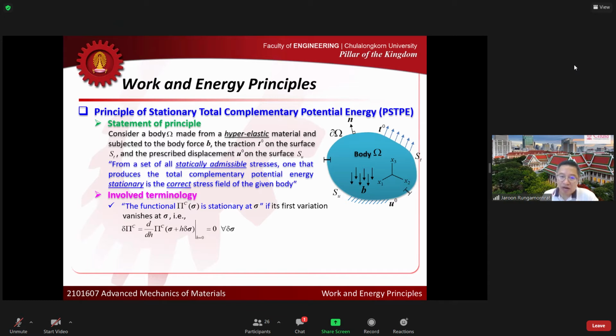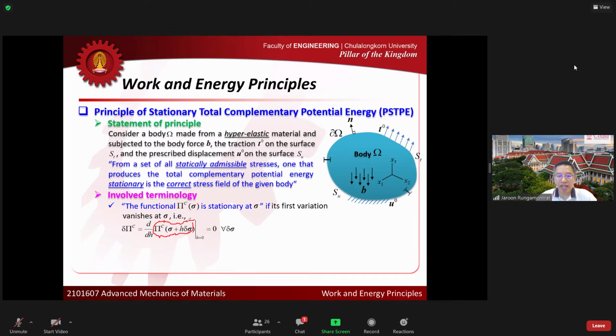Mathematically, the first variation of pi c can be computed based on the derivative of that function with respect to h, and then you plug in h equal to 0. This we call the first variation.